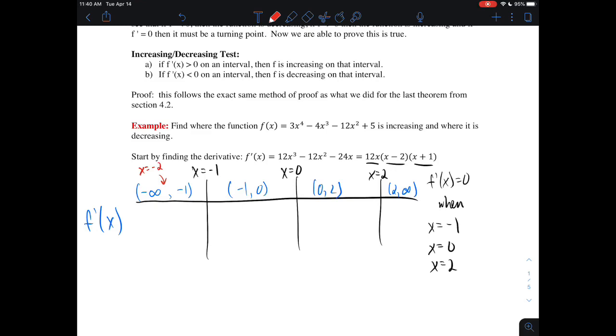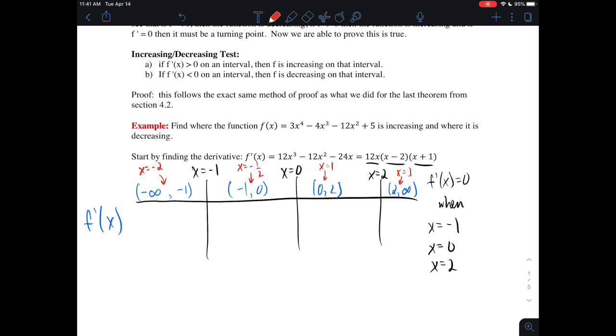The next interval, a test point that I could use would be x equal to negative 1/2. The next interval, some number between 0 and 2. Again, I could choose a really complicated number like 17 over 16, but how about I just choose x equal 1. And for the interval from 2 to infinity, an easy number there would be x equal 3.